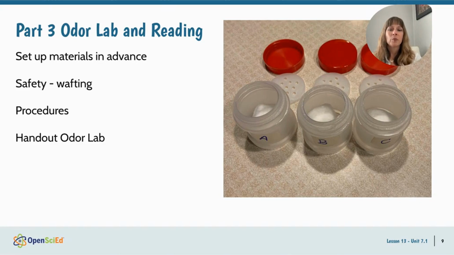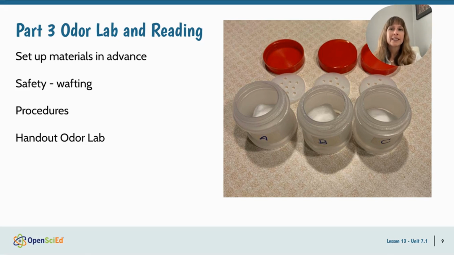After a quick setup, we're going to jump to part 3. This is the odor lab itself. Here you're going to have 4 vials with different substances in them for your groups to smell.